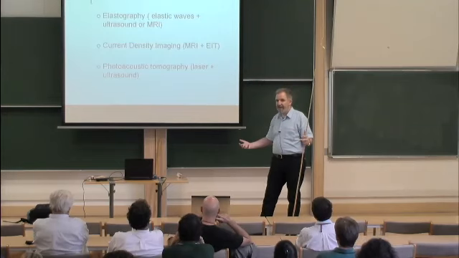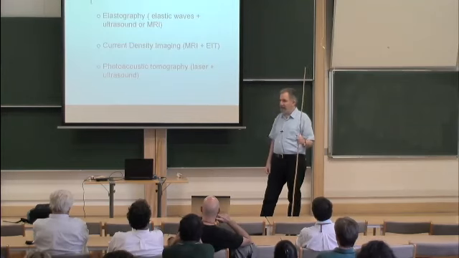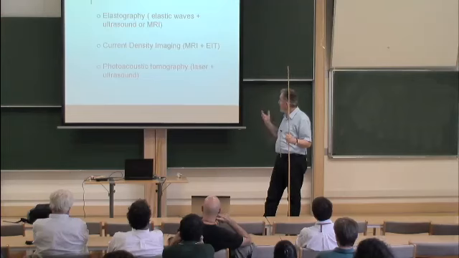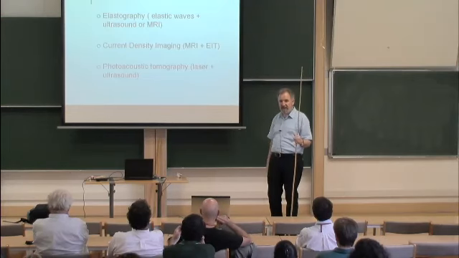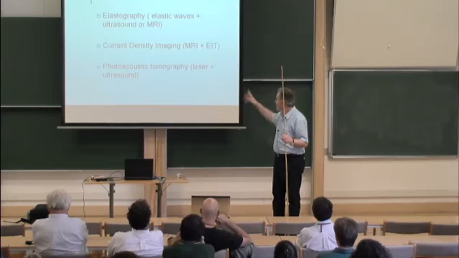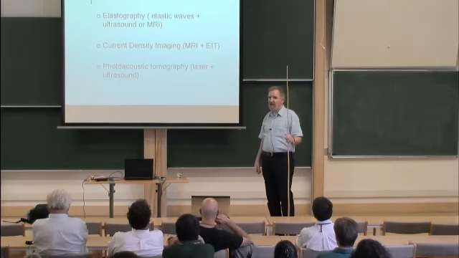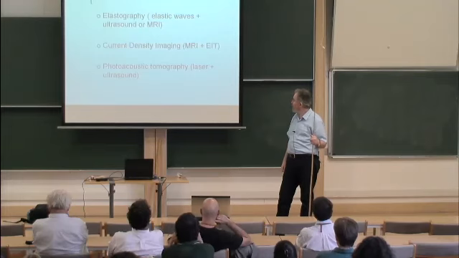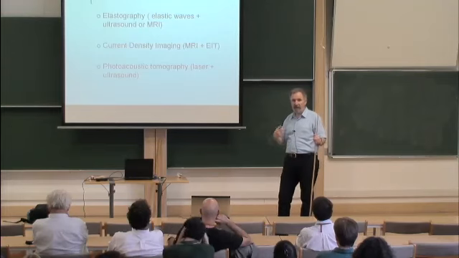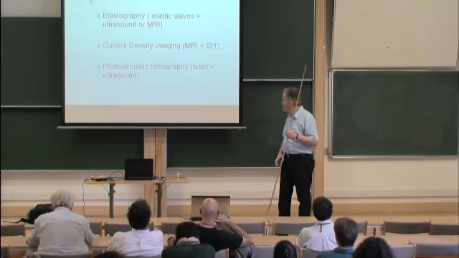We function electrochemically, and so what can we do if we want to find the electric properties of tissue? I'm going to show you how we can combine it with some MRI information to try to overcome the limitations of the severe ill-posedness of the inverse boundary value problem.